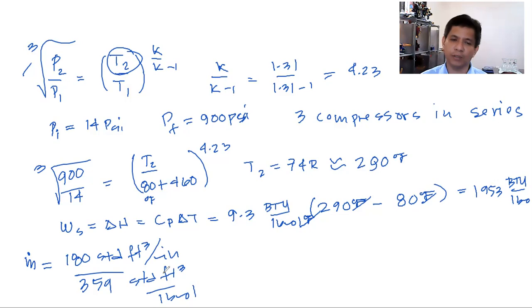So the equation here is n dot times WS divided by efficiency. As I've explained earlier, the power equation is just dimensional analysis. The units cancel out and what comes out is power. It can be horsepower, BTU per second, kilowatts, joules per second, that's all it is. So this will cancel out, and I think it's better per second. So we just multiply this by 1 minute per 60 seconds.